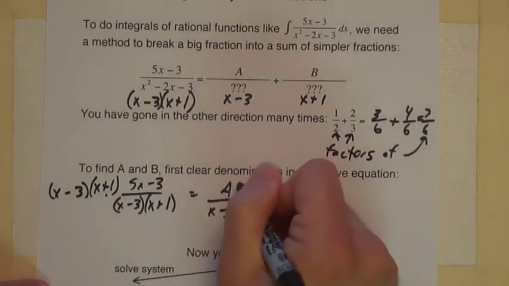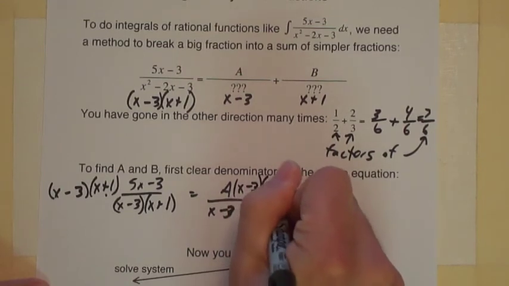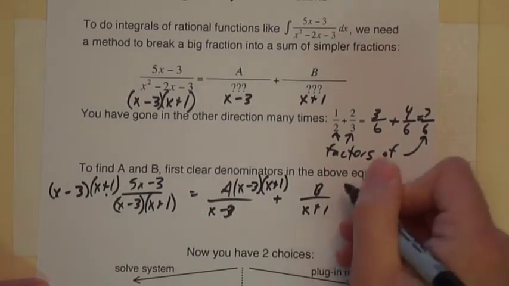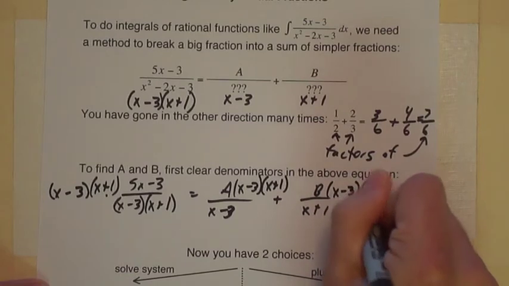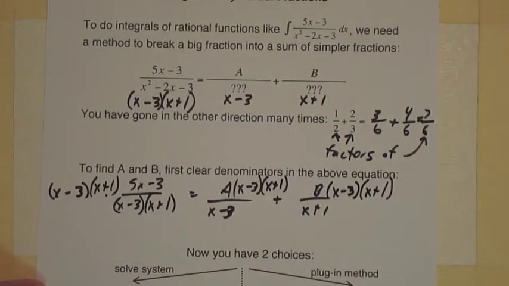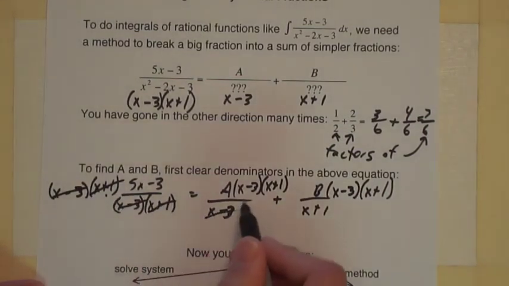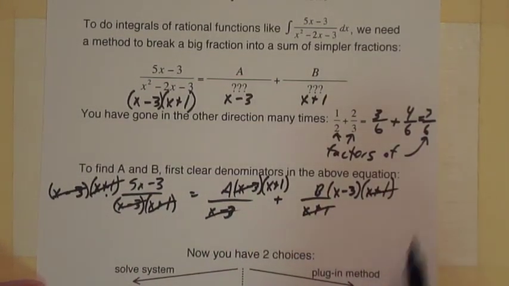So let's multiply this term by x minus 3, x plus 1. Then let's multiply this term by x minus 3, x plus 1. And then what should happen is that things cancel out and all the denominators will clear away. And you get something simpler.